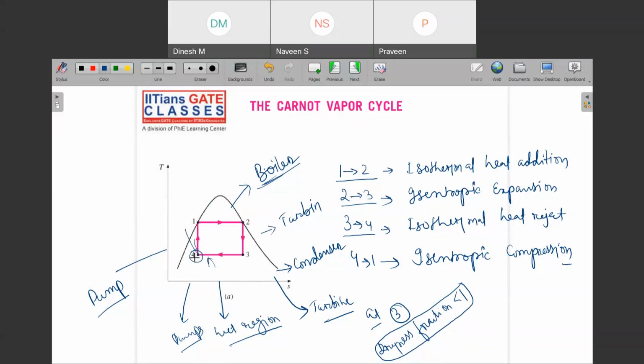So here you will have to install what kind of pump which can handle the fluids of which region? Wet region. Like here you have moisture also, and here you have fluid also. So this is not possible. And this is the major difficulty, this part and this part. So that is why we are not working with the Carnot cycle. Got the idea?